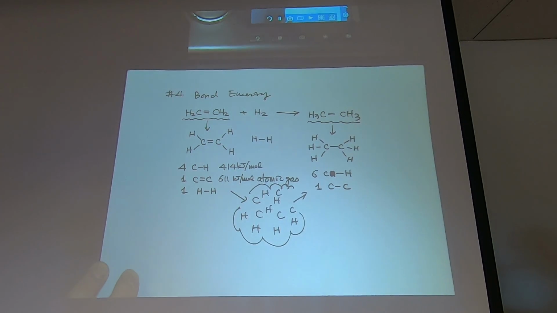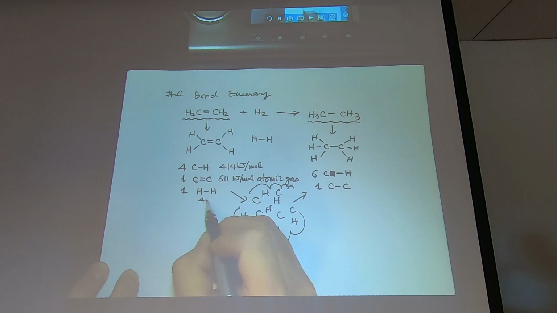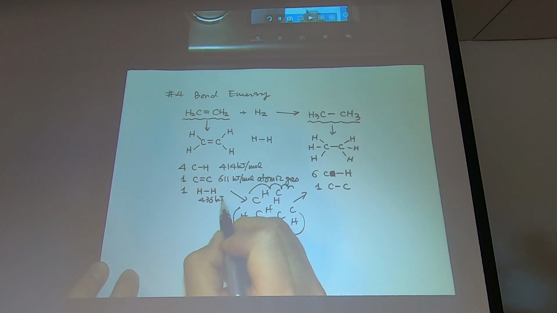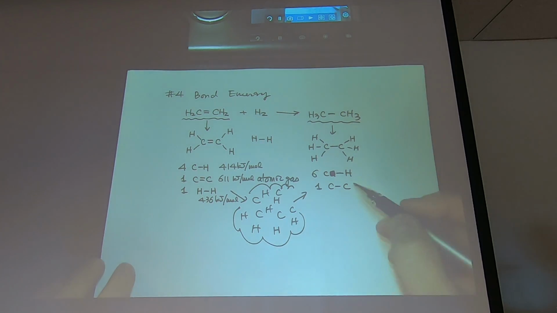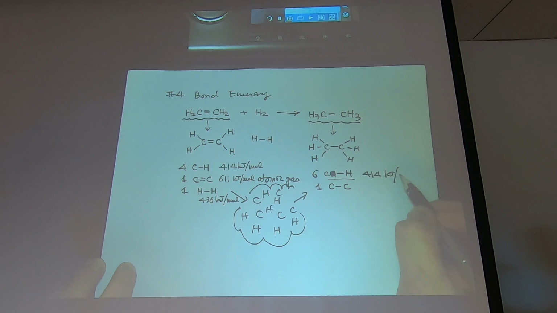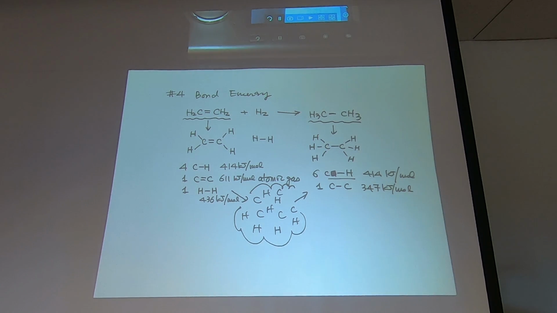The hydrogen is 436 kilojoules per mole. And this is the same thing here, 414 kilojoules per mole, and the CC is 347 kilojoules per mole. So you can look at those; this is a bond energy, you can find it there.